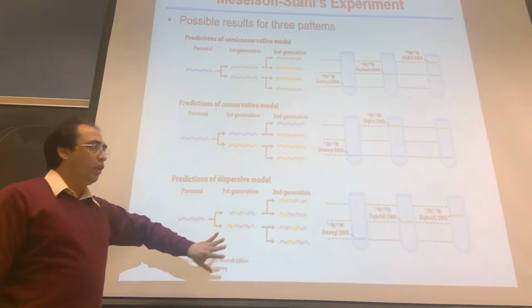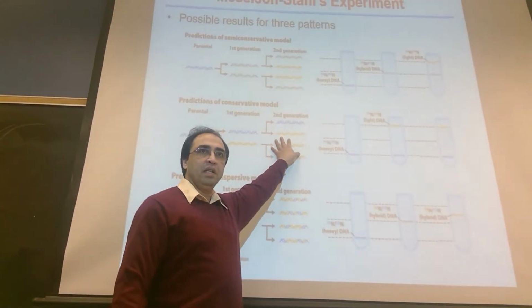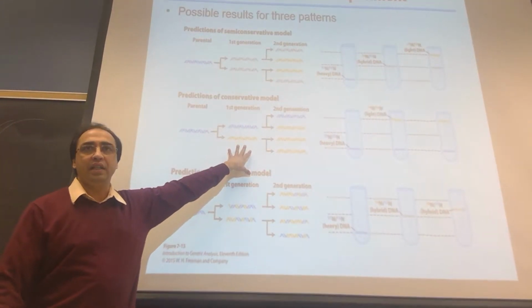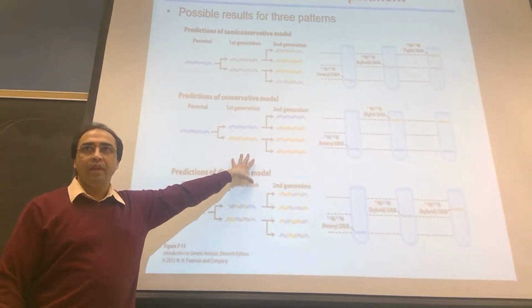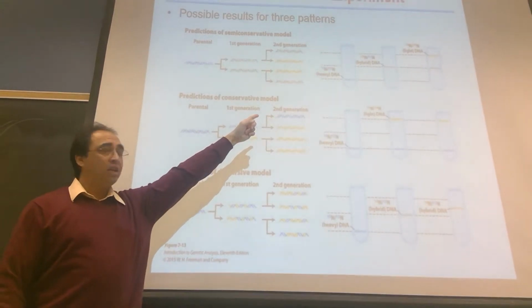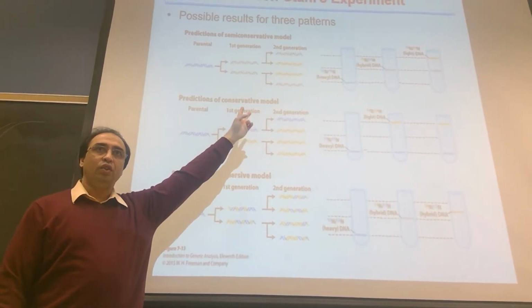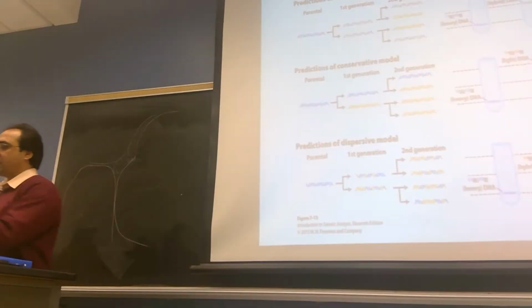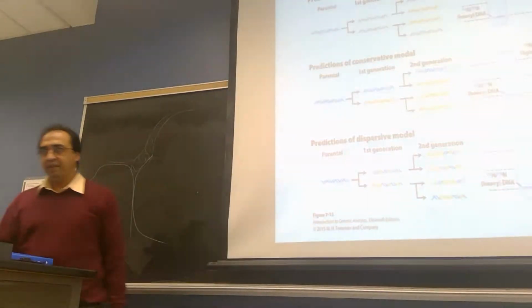So theoretically, you will not get this band and this band. These are conceptual. If it were like this, then we would find this one. The actual experiment got that result, those two bands, and that proves that DNA replication is semi-conservative.